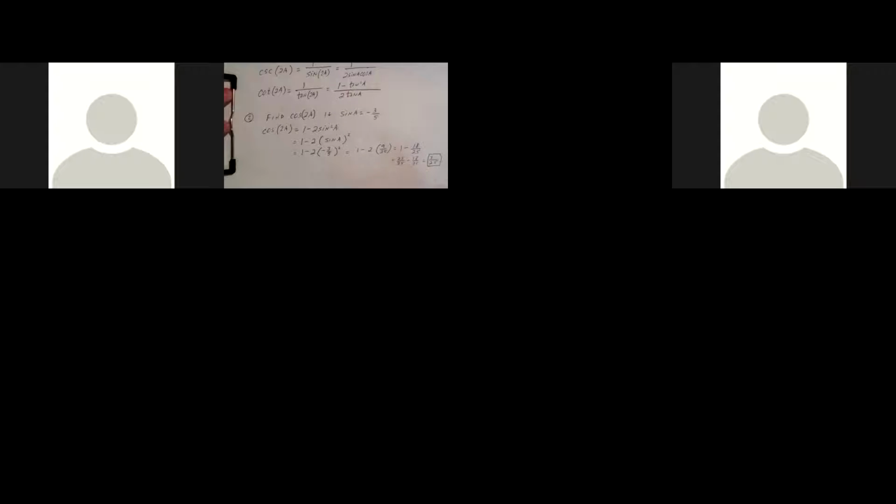Now, it's interesting to note that if angle A lies between 180 degrees and 270 degrees, and if you double angle A, that means the angle 2A must lie between 360 degrees and 540 degrees.